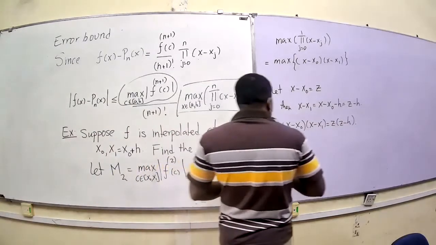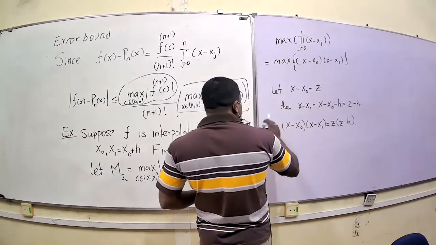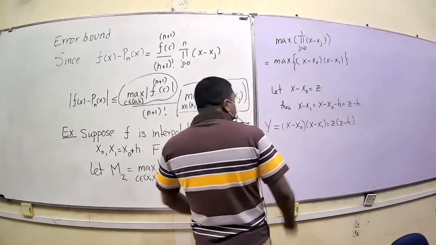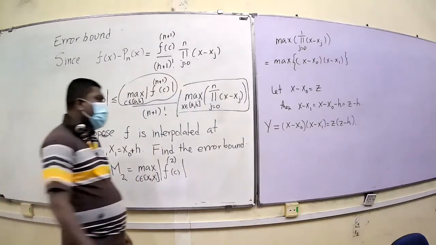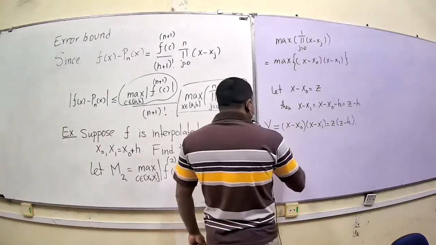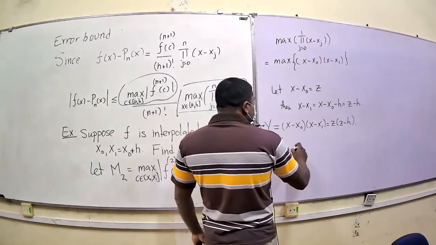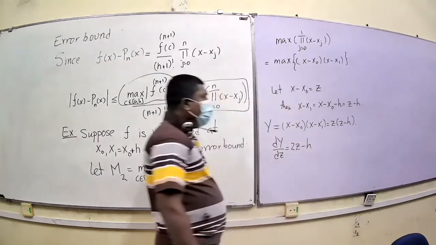Let me name this as y. So y is the function z times (z minus h). Then dy by dz is equal to 2z minus h.